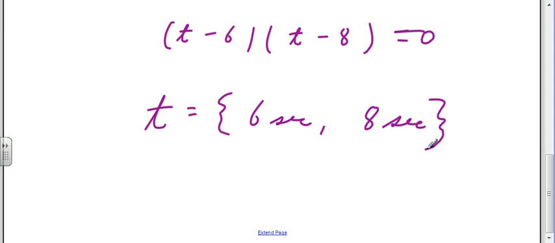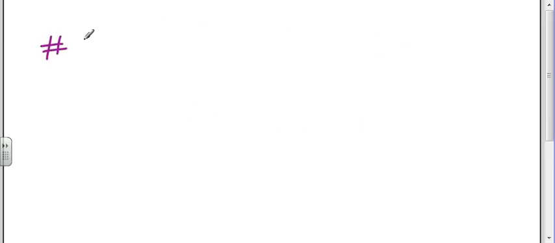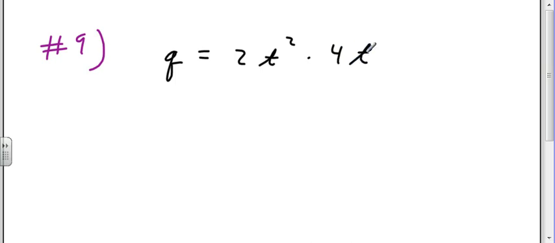Voltage. Oh, number 9 is charge. That's even better. Number 9, charge. The charge is given by a formula. Q is equal to 2t squared minus 4t plus 4. And again, we're going to ask the question: could I have a charge that does that?